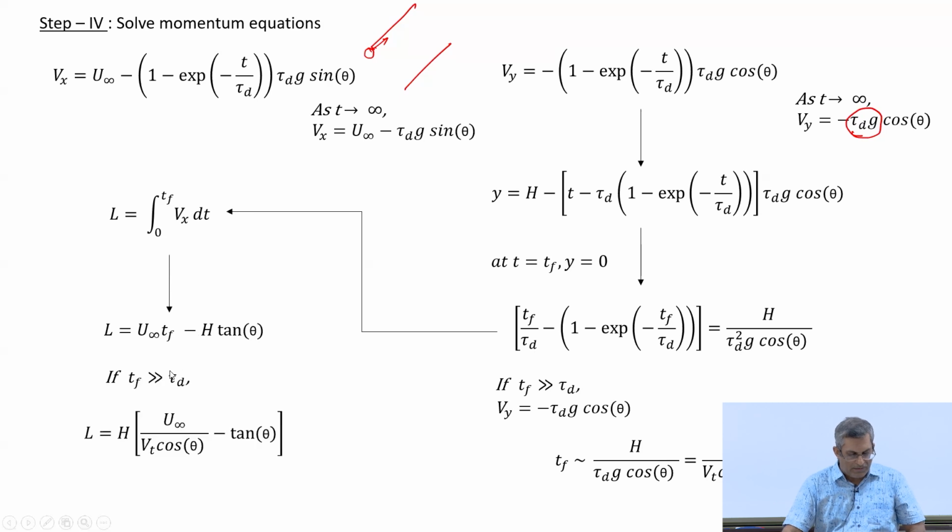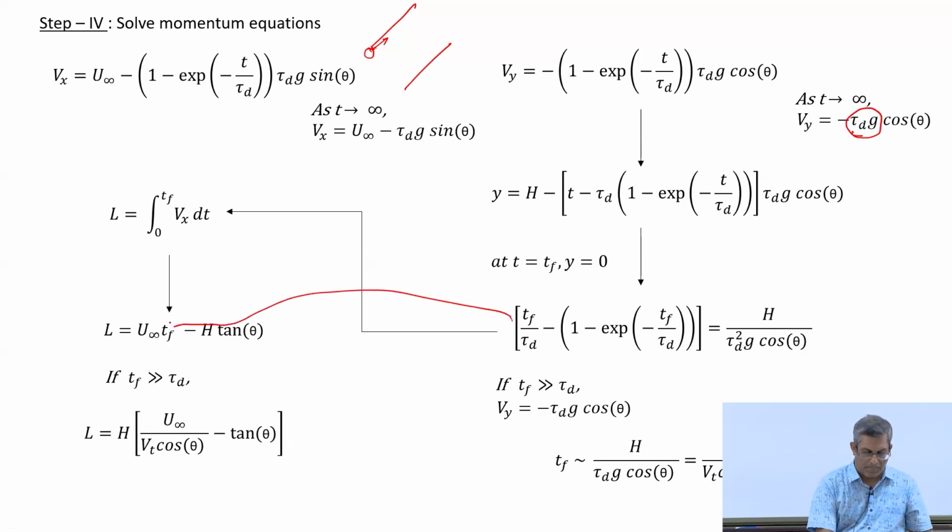In this case also, if we use this condition, we can show that basically this L is equal to this. Here this Tf itself is to be obtained from this expression. So if we use this, then it is possible to show that under this condition, L is equal to h times this parameter. Okay.